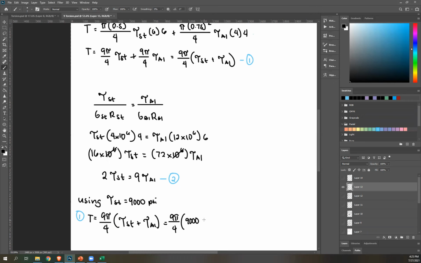So plus 2 over 9 or twice 9,000 over 9. Oh, wait. 9 over 2. Yeah. Okay. And then from this, you can solve P. So can you solve, please? What's capital P? What's your torque capacity?